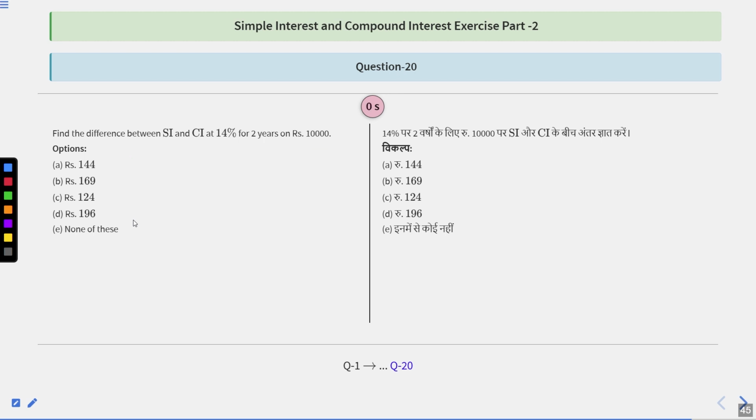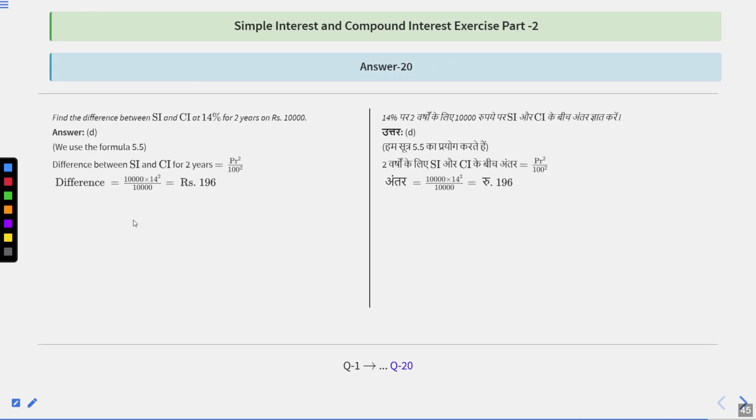Let's see the solution. The difference between compound interest and simple interest at 14% per annum for 2 years. So the formula is PR square upon 100 square. So we just put the values, 10,000 into 14 square upon 10,000. So 10,000 and 10,000 cancel out. 14 square is 196. So 196 rupees.